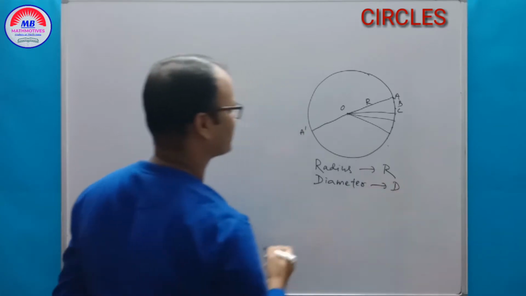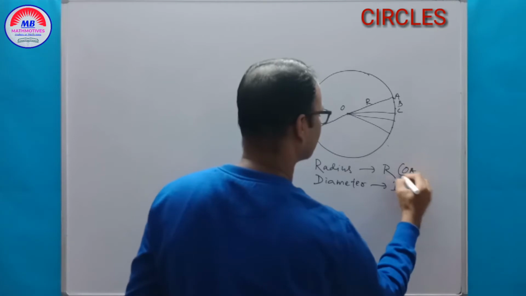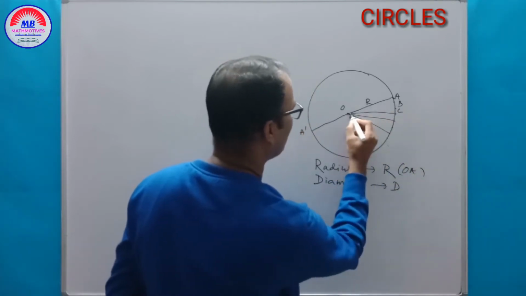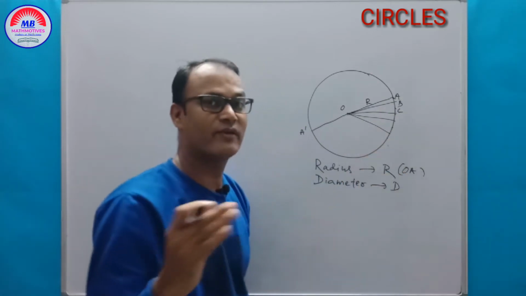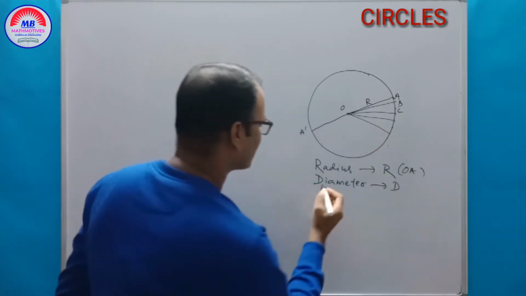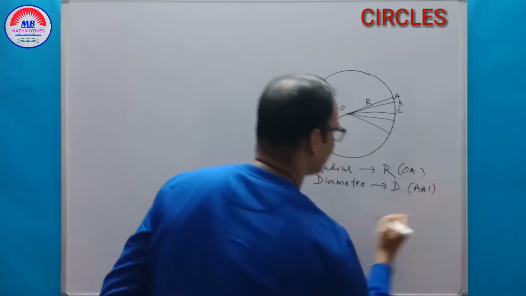It is D. R is what? R is OA, OB, OC. All these are radii. The plural of radius is radii. Diameter D. AA dash is the diameter.